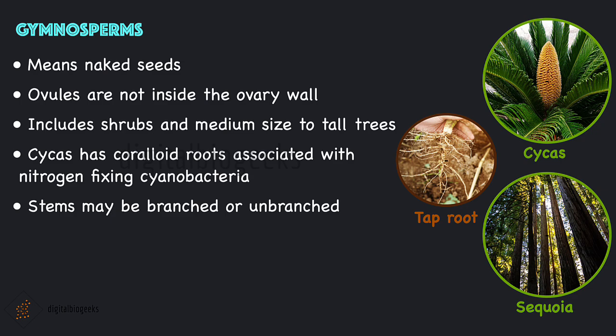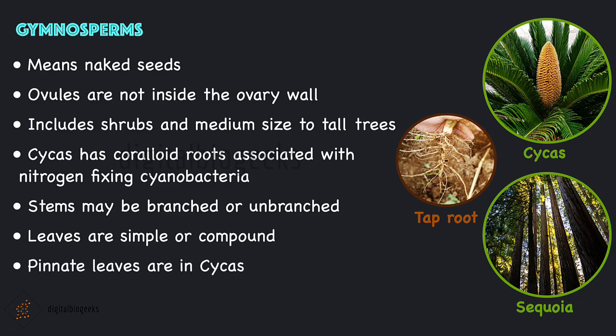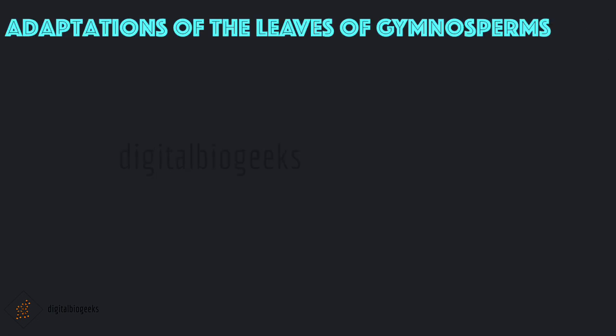Leaves are simple and compound. In Cycas, pinnate leaves are found which will stay for years. You might know that in pinnate leaves the lamina is divided into multiple leaflets. The leaves of gymnosperms have many adaptations to withstand extreme temperature, humidity and wind.